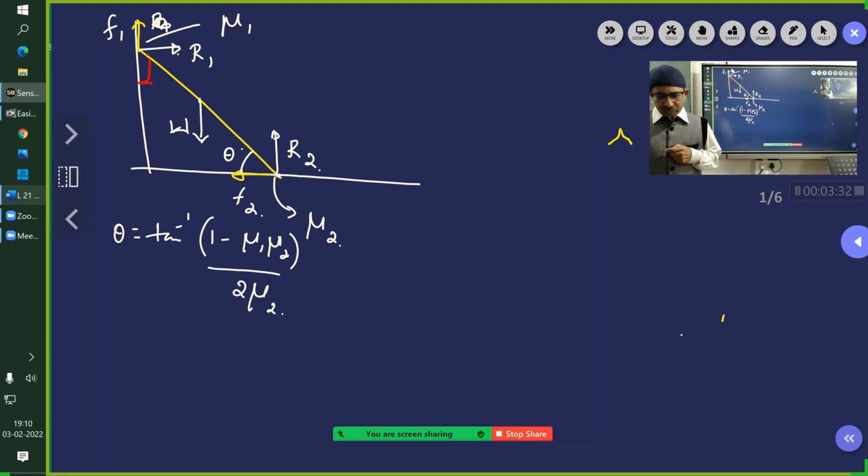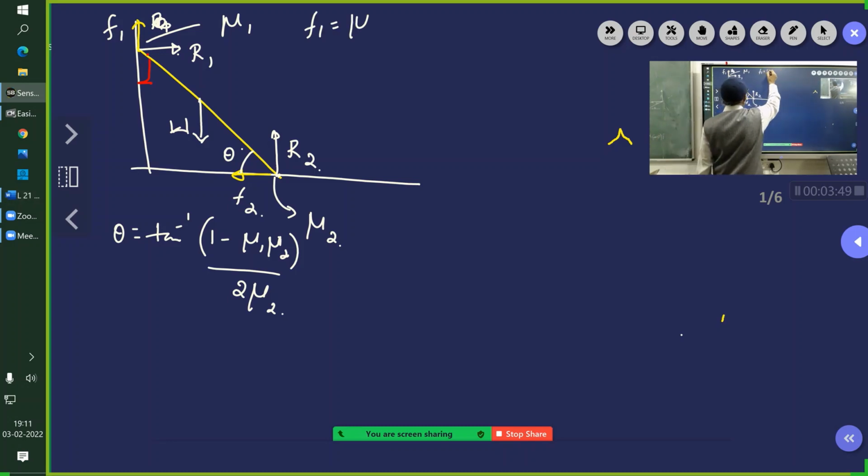From whatever they have told, draw these things first. Then say it is under equilibrium and you get the equilibrium conditions here. So you will get F1 equal to mu1 R1 and F2 equal to mu2 R2.